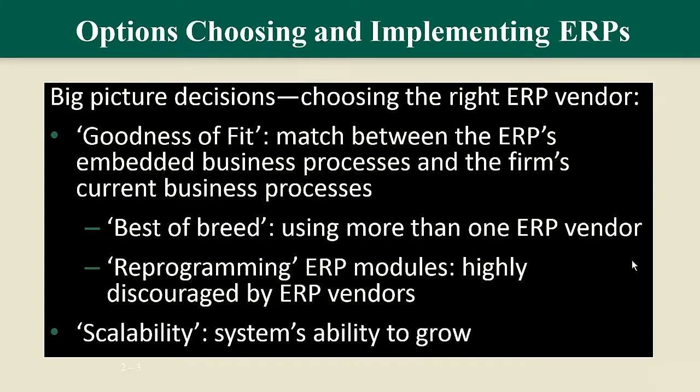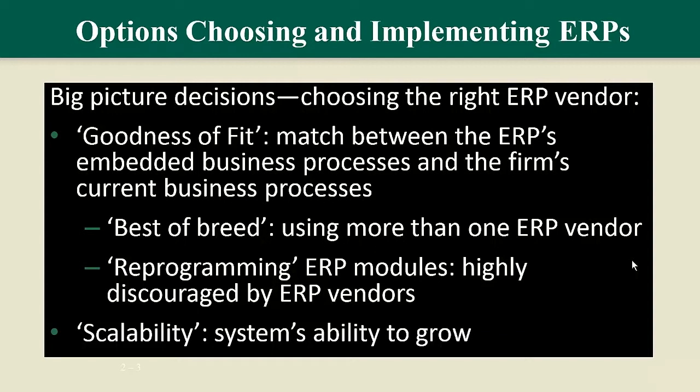Okay, so let's look at options when choosing and implementing an ERP system. There are a couple of big picture decisions to make sure you get the right ERP vendor for your business. One is goodness of fit, and this is the match between the ERP's embedded business processes within their software and then the firm's current business processes.